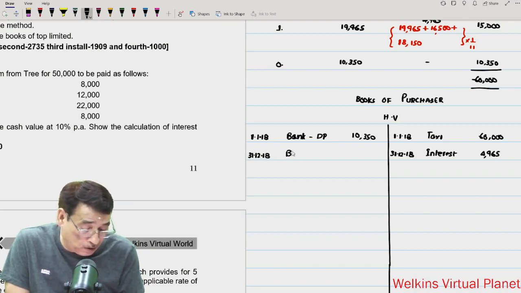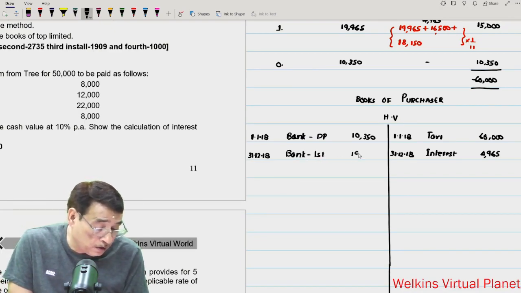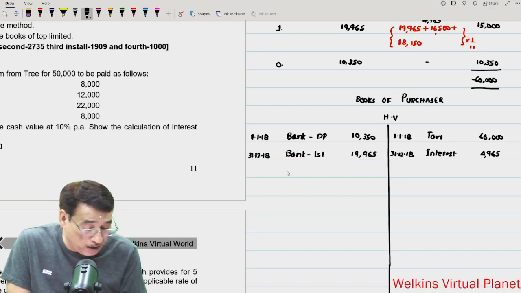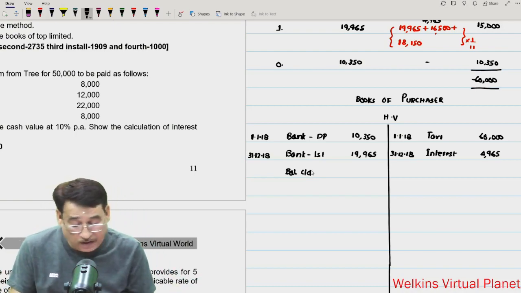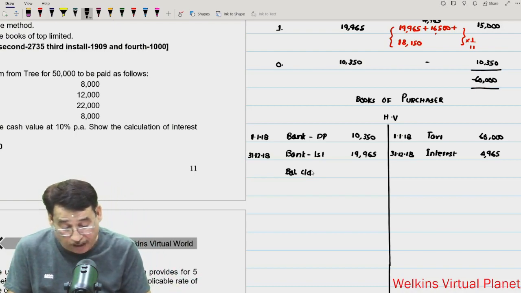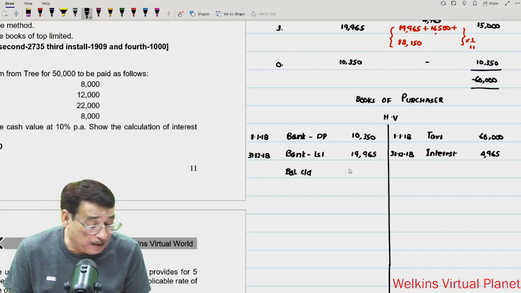Your first installment will be equal to this much, 19,965. And then you are going to write here to balance carried down. Now if I am going to compute the balance, 60,000 plus 4,965 minus 10,350 minus 19,965, the balance will be equal to 34,650.